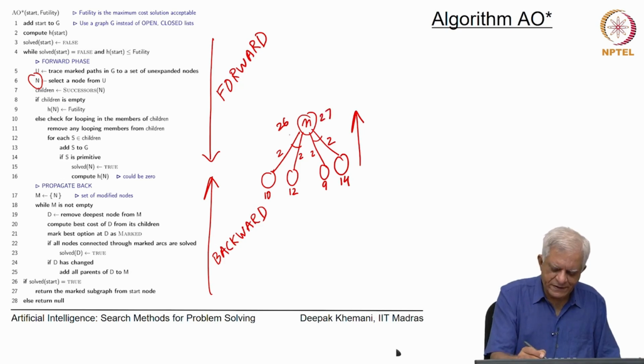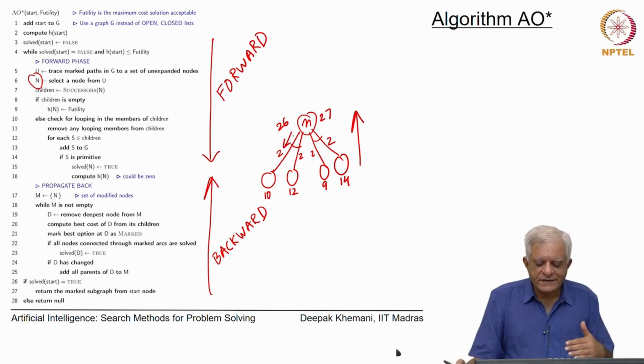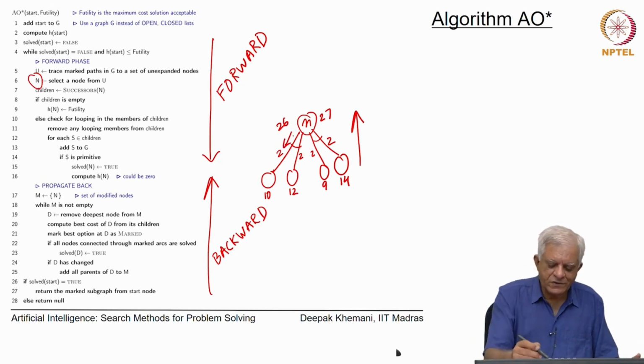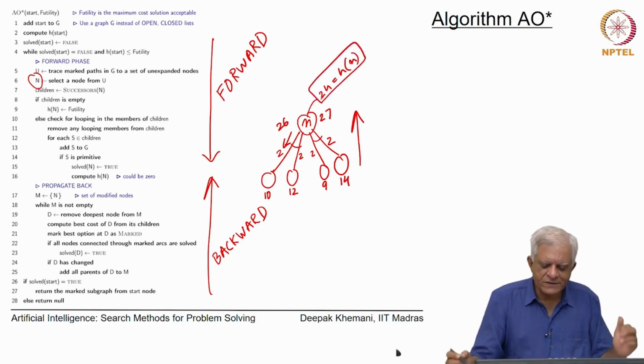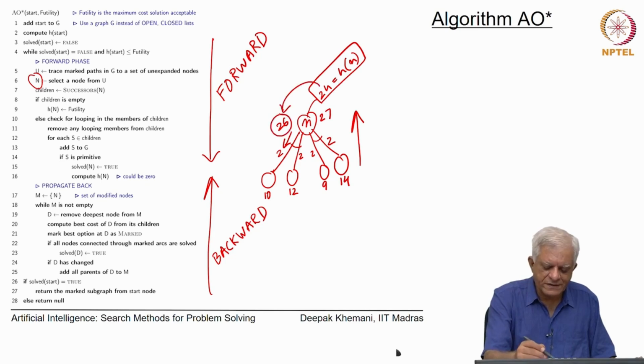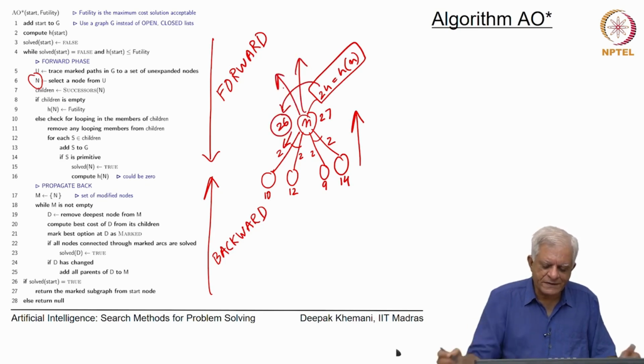So, it says that this is the best choice. It starts by doing that. So, let us say the value of n was 24, h of n as given to us by some heuristic function. So, this 24 has now gone to 26 and therefore, it needs to propagate this up to all the ancestors, and that is what the backward phase does.